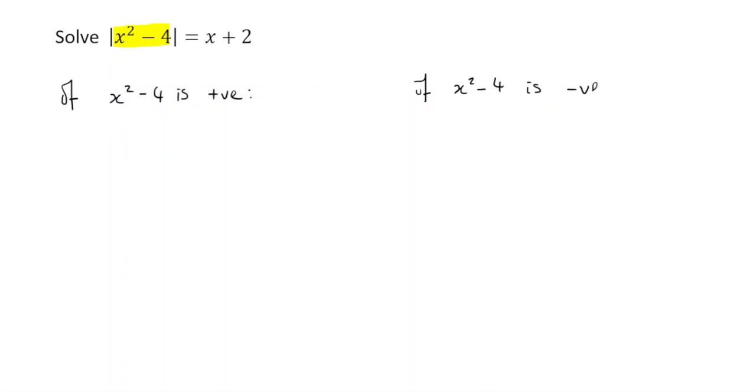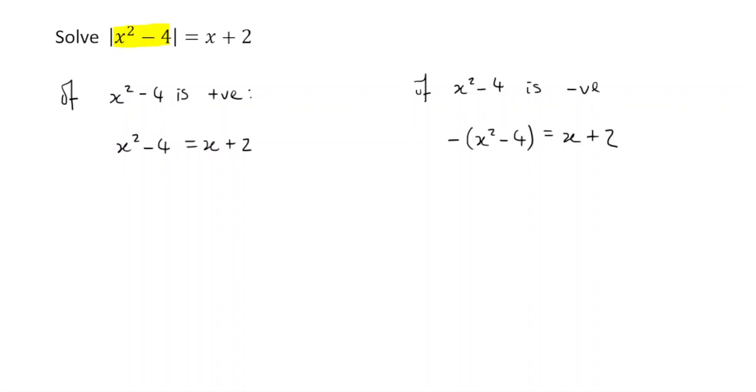If x squared minus 4 is positive, then the modulus doesn't change that value. We get x squared minus 4 is equal to x plus 2. But if it's negative, then what happens is the modulus makes it positive by multiplying the whole thing by negative 1.